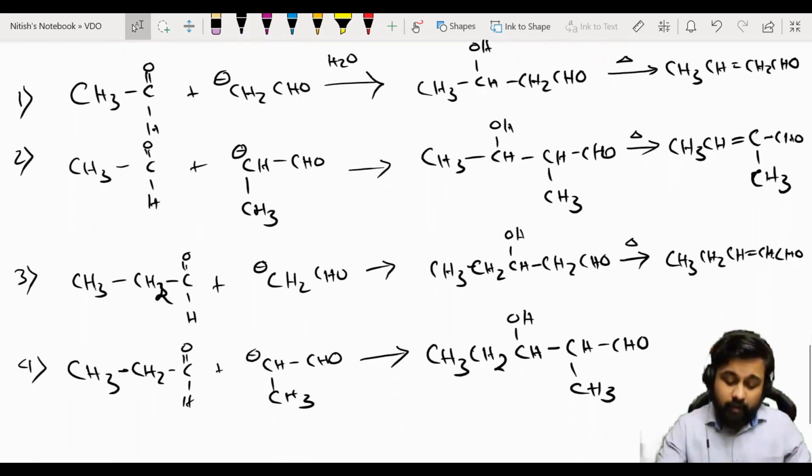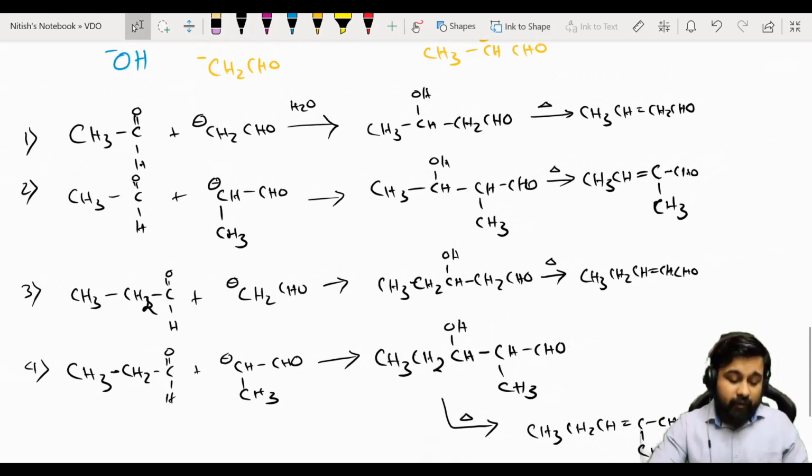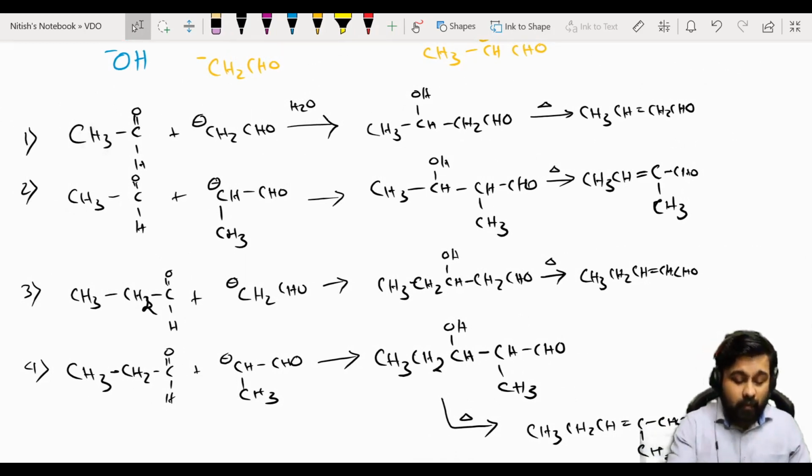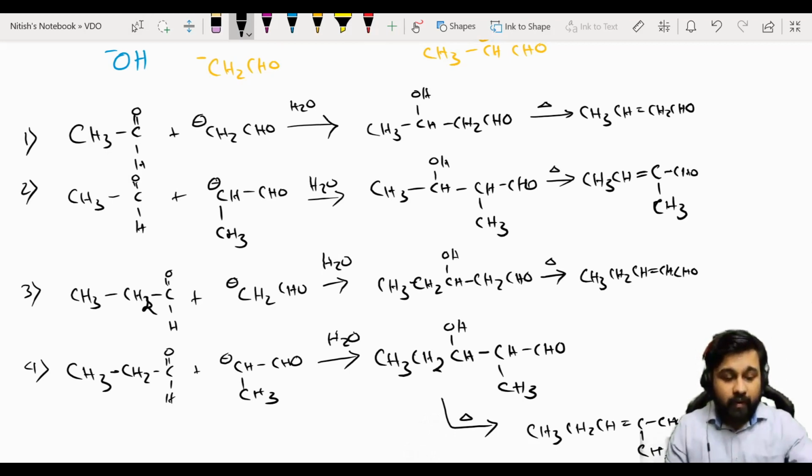If this is dehydrated, we get CH3CH2CH double bond C(CHO)CH3. So in the case of two different aldehydes both with alpha hydrogens in aldol condensation, that is in the presence of a mild basic medium, we get four different products. Okay, so this is your crossed aldol condensation.